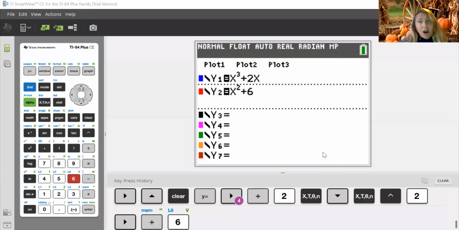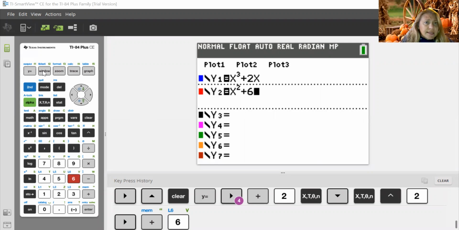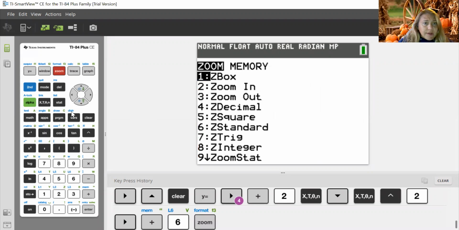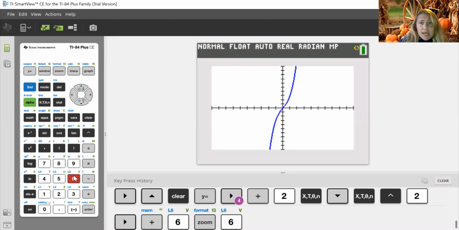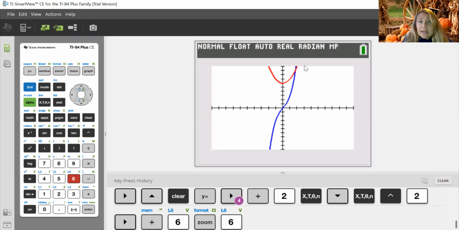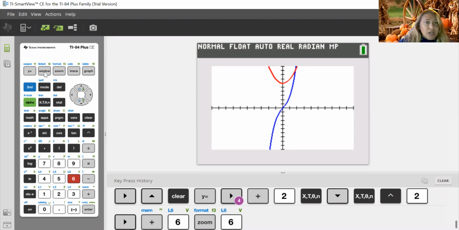Sometimes the hardest thing in any of these problems is just finding the right window. I always start in the standard window, so let's see if I'm at a zoom 6. And I do see my intersection point way up here. I don't see anything going down here that I'm interested in. So I'm going to adjust my window so that I've got a better look.